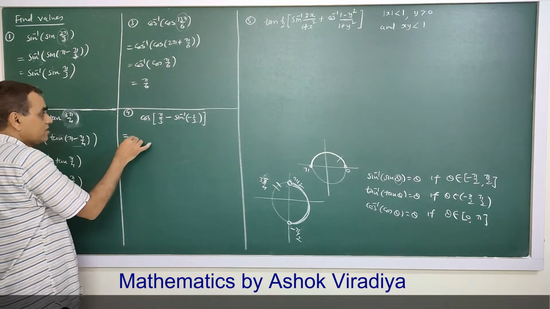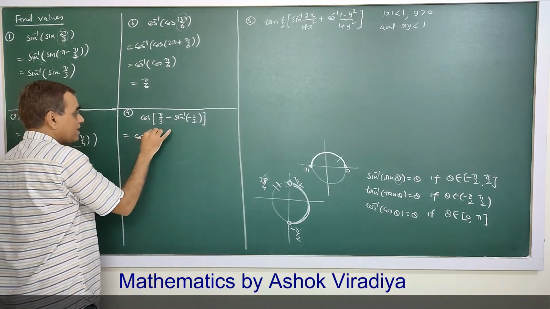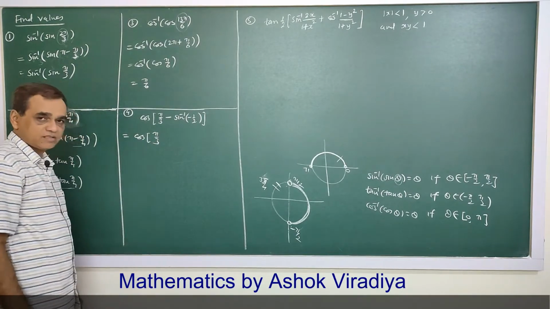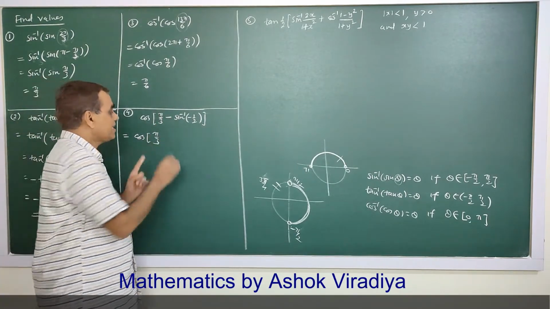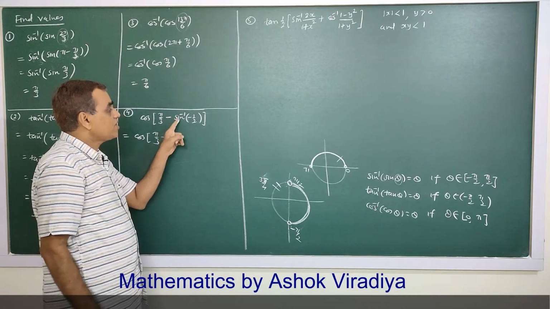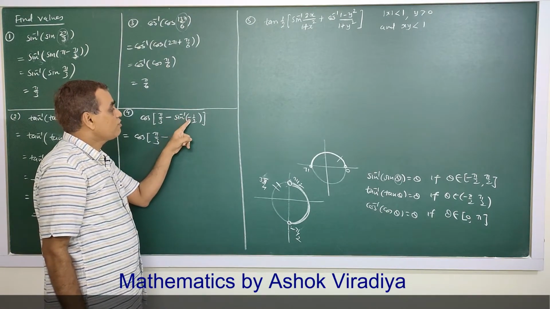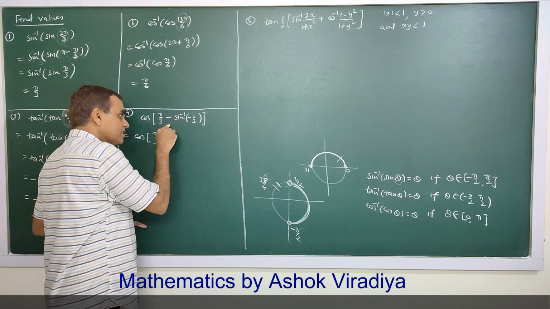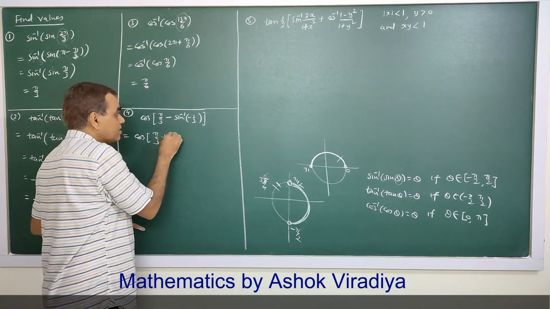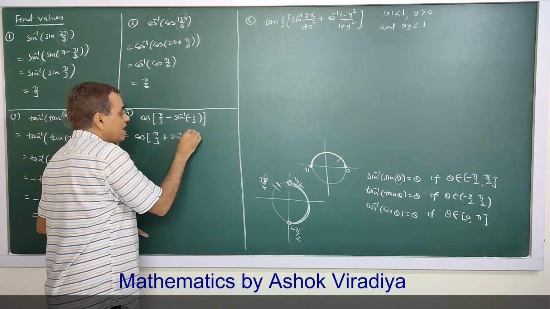In this question, cos of pi by 3, say minus as it is, sine inverse of negative. Sine inverse of minus x is minus sine inverse x, so minus minus plus. Sine inverse half.